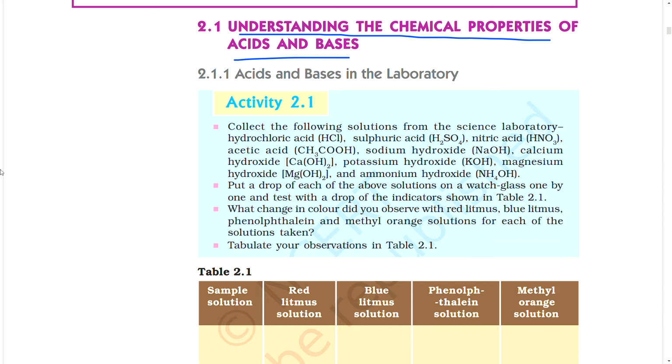Put a drop of each of the above solutions on a watch glass one by one and test with a drop of the indicators shown in the table. What change in color did you observe with red litmus, blue litmus, phenolphthalein, and methyl orange solutions for each of the solutions taken? Tabulate your observations in the table. Comment this.